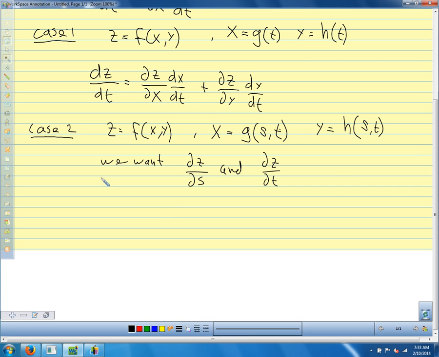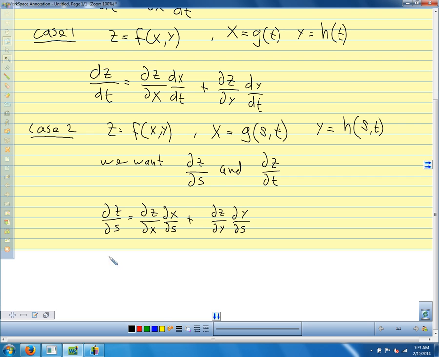So what we do here is we apply case 1 to each partial. For the partial with respect to s, we consider t a constant, and we apply case 1. For the partial with respect to t, we consider s a constant, and we apply case 1 to that partial derivative. So we're just splitting them up into two possibilities. So ∂z/∂s is ∂z/∂x times the partial of x with respect to s, plus the partial of z with respect to y times the partial of y with respect to s.